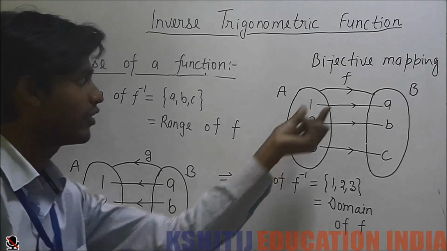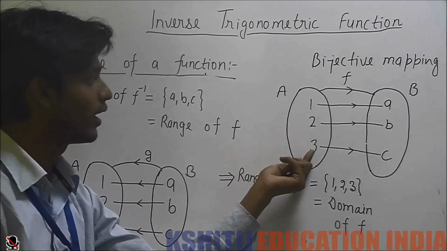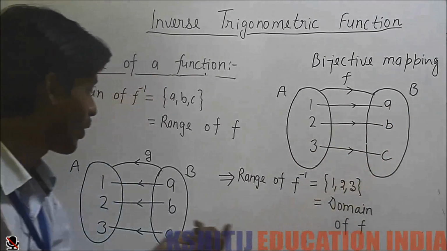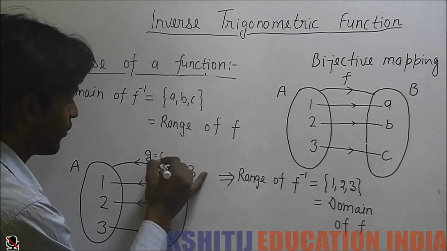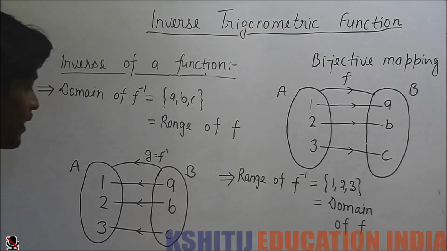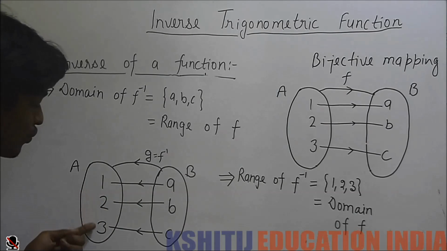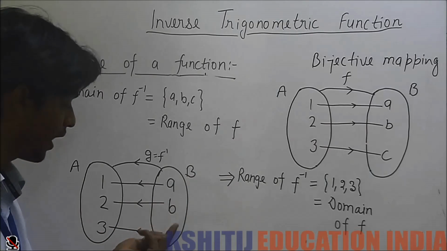Okay, here we have a function f which has the domain 1, 2, 3 and the range contains the elements a, b and c. Now move on to another function g, which is the inverse of the function f. Its domain contains the elements 1, 2, 3 and the range of the given function f inverse will be a, b and c.